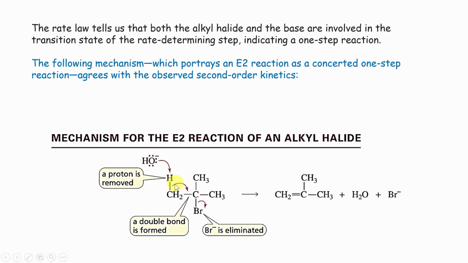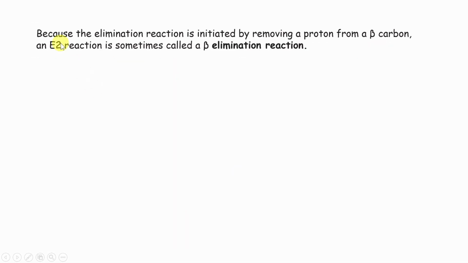At the same time, the electrons move between these two carbon atoms to form a pi bond, so a double bond is formed between these two carbon atoms. Simultaneously the bromine is eliminated, in a concerted mechanism, to form this alkene, 2-methylpropene. That is the mechanism for E2 reaction.